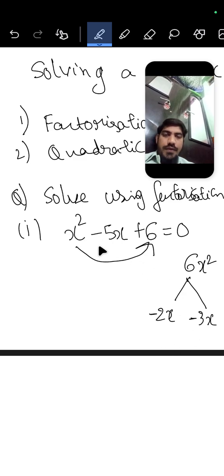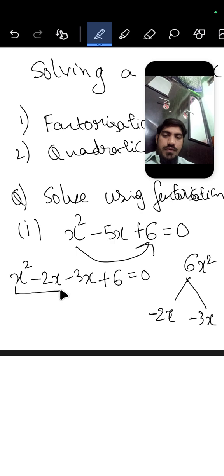So we need to split the middle term, x square as it is. Split this minus 5x into these two terms, minus 2x minus 3x, and the last term as it is. Earlier it was 3 terms, now there are 4 terms.